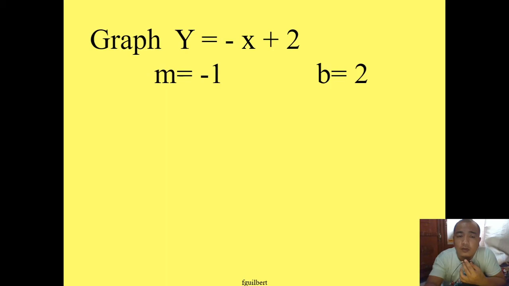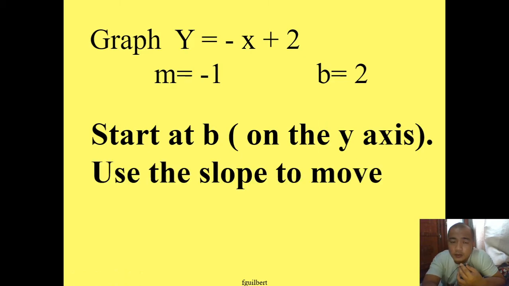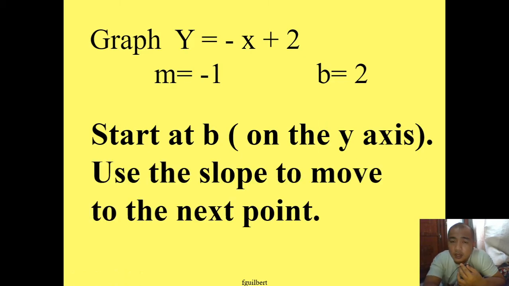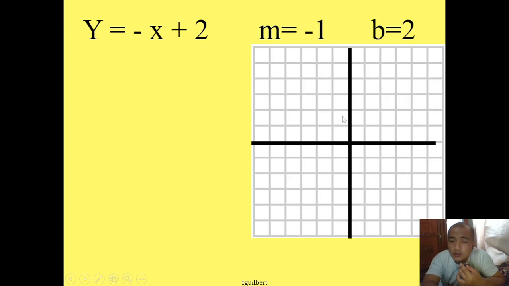Another, graph the equation y equals negative x plus 2. From the equation, what is the slope? Negative 1. Y-intercept is positive 2. Start at b on the y-axis and use the slope to move to the next point. So (0, 2) here.